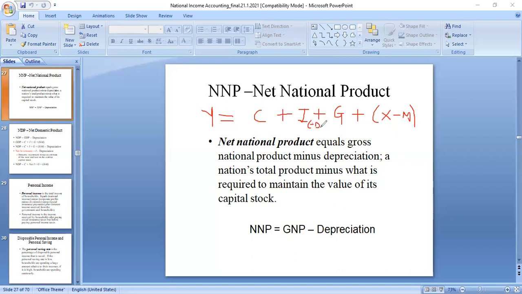Why? Because, for example, you can invest in new machinery. We saw that the national income considers investment in new capital, new investment, new machinery, new equipment.